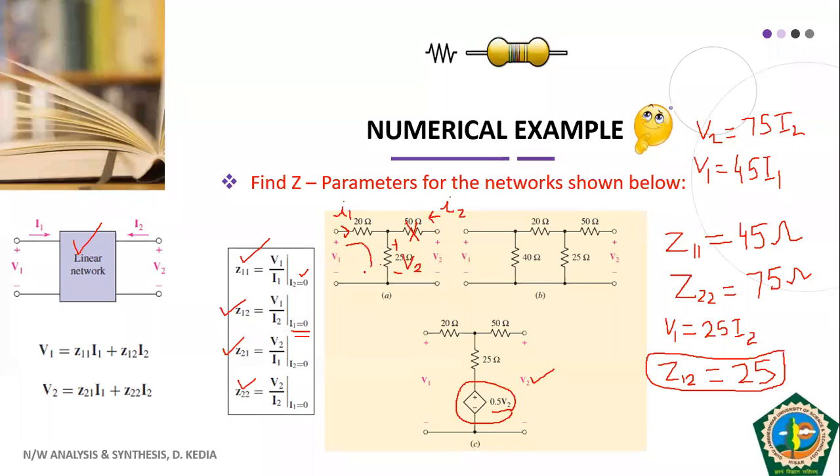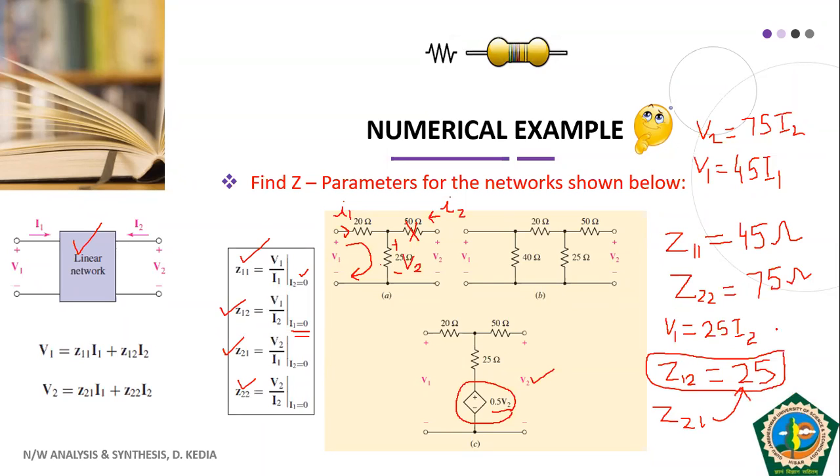And now I1 is flowing in this loop, and this I1 is also flowing through this 25 ohm resistance. So V2 will be I1 into 25. Same thing.